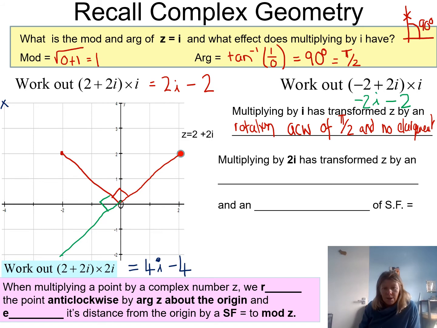Who needs Desmos when we've got my drawings? So you can still see it changed this. Start with this one. It rotated it around 90 degrees, but it's also enlarged it. It's twice as long.